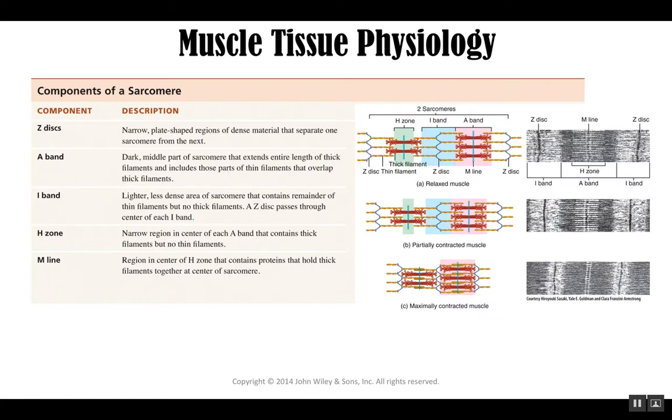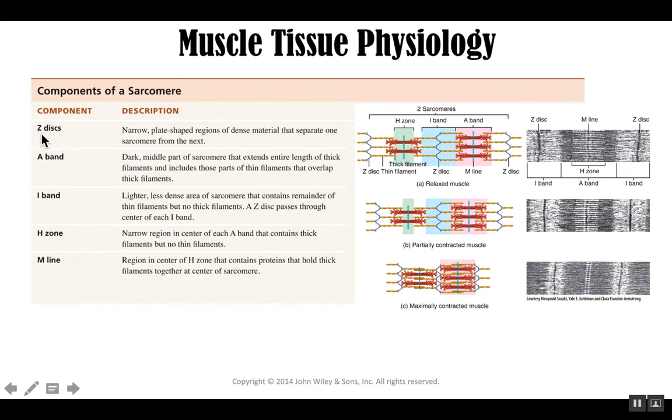This table discusses the different components of a sarcomere. On the right here you see two sarcomeres held together with a Z-disc. Here they are in a relaxed state. Here they are in a partially contracted state, and then here's when the muscle is maximally contracted.